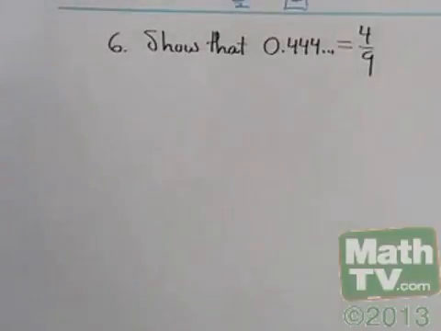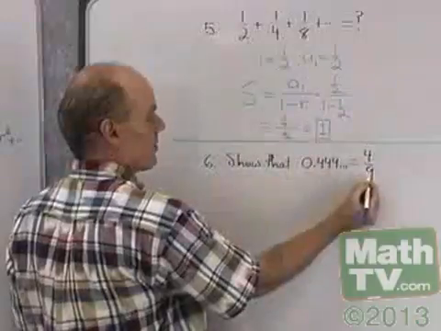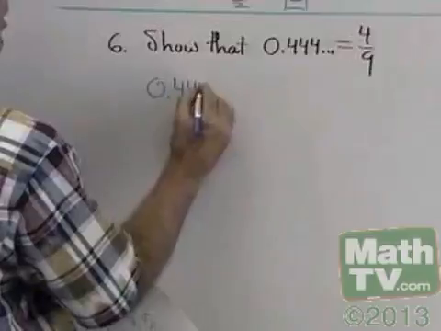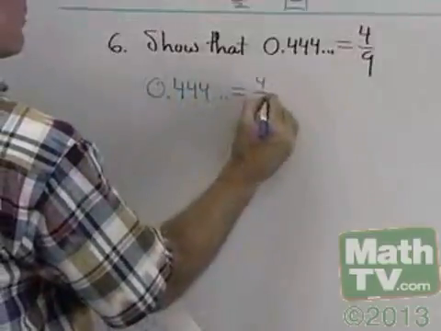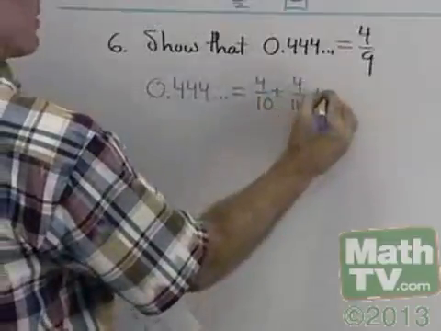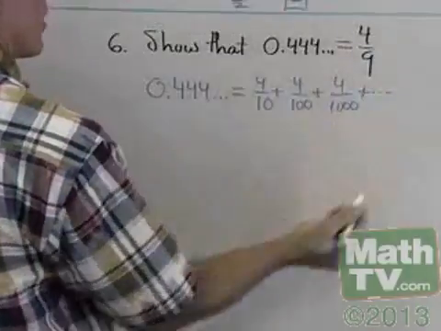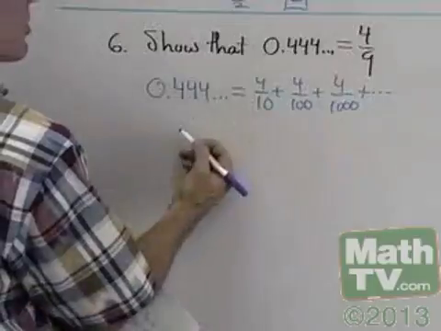Show that 0.444 repeating is equal to 4/9. So show that this repeating decimal right here is the same as the number 4/9. Well, 0.444 with the dots is equal to 4/10 plus 4/100 plus 4/1,000, and so on and so forth.